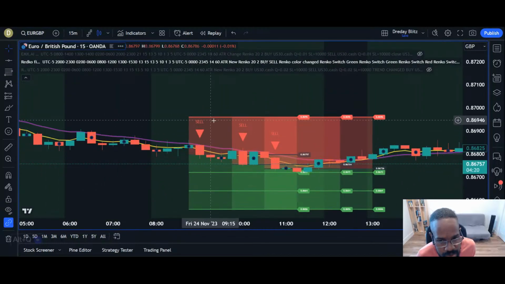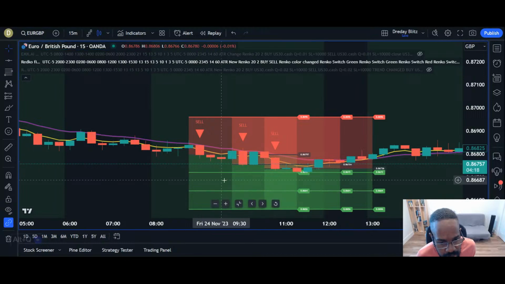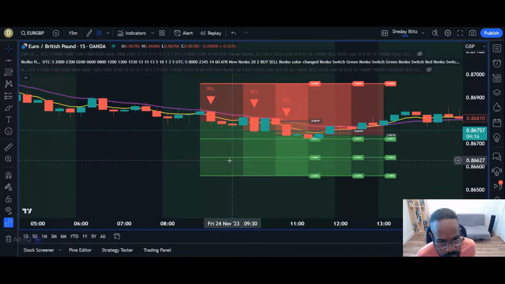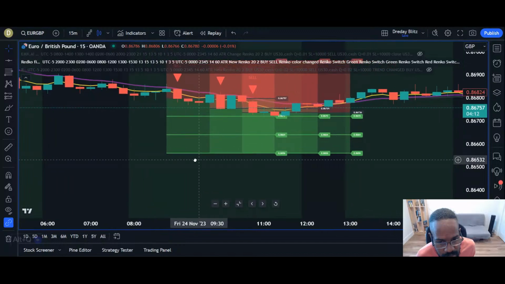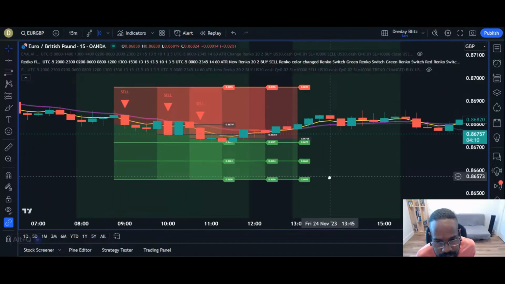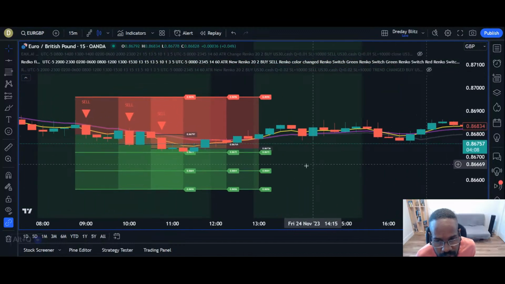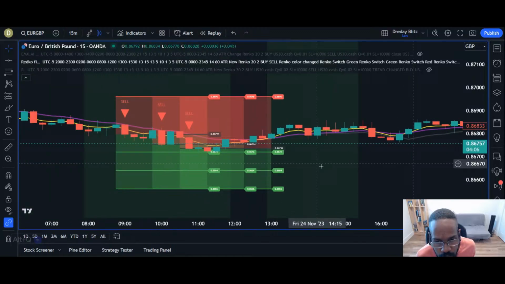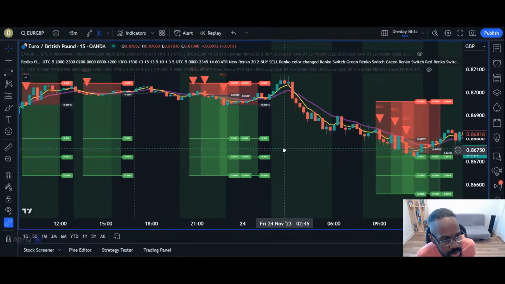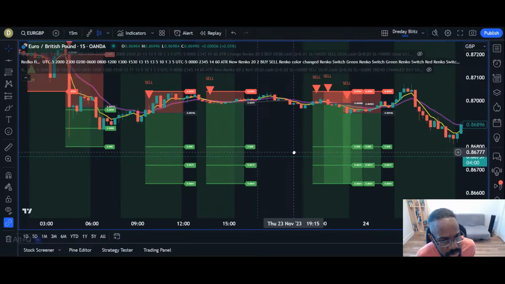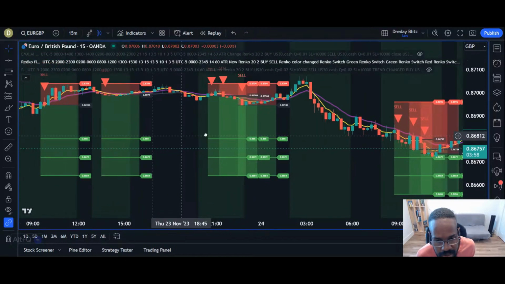So you have the price for the stop loss and you have your take profit zones. The first one, the second one, and the third one. And that way you don't need to have the Renko bars open 24/7, okay? Because it's already calculated here.